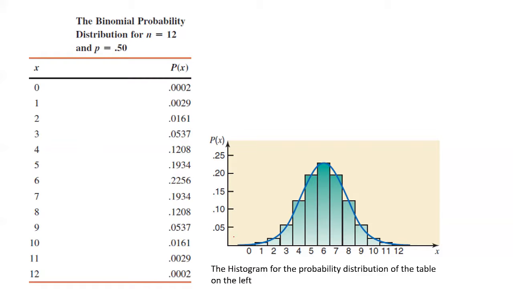As you can see here, we can use a curve to approximate these bars, right? This curve looks very close to the normal distribution curve, right? So approximately, we can use a normal distribution to approximate the binomial distribution as long as the conditions are met, which is np greater than 5 and nq greater than 5, right?